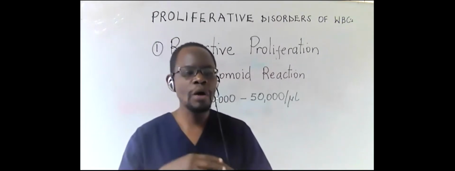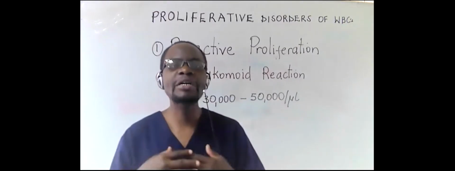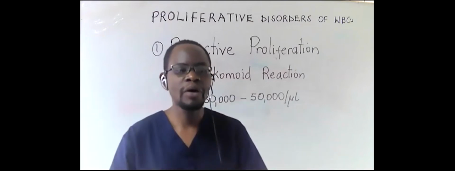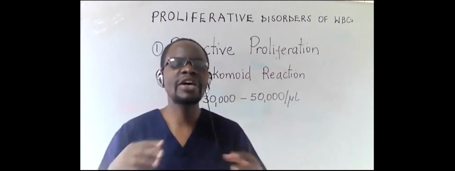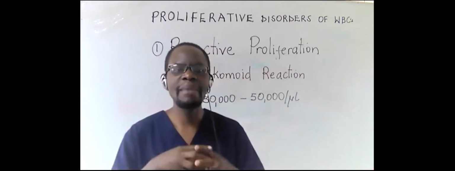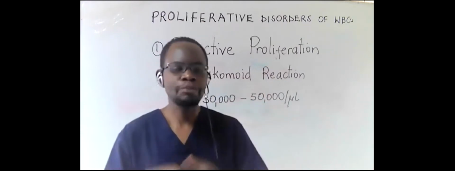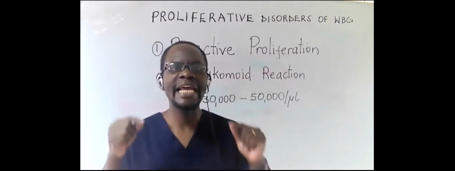So when you have a simple leukocytosis, you should also expect proportionate changes in these different types of cells. Depending on the condition, if there is a bacterial infection, you'll be expected to have a neutrophilia. If there is a parasitic infection, you'll be expected to have an eosinophilia.